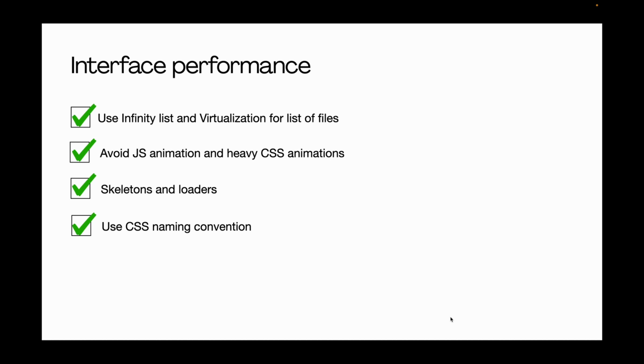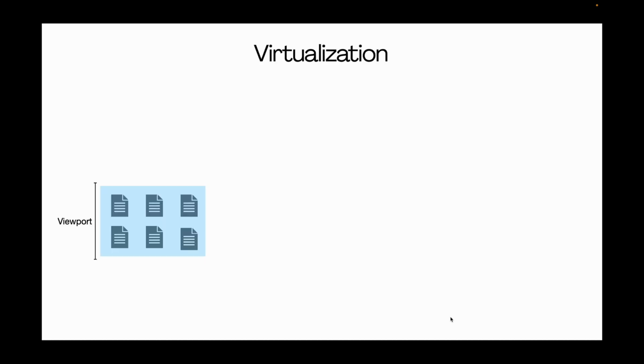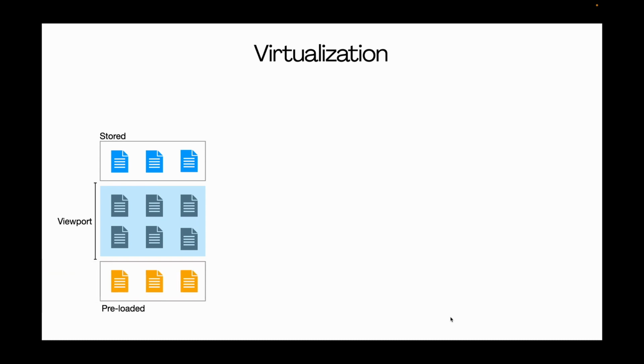Next, we take a closer look at virtualization. Initially, we display a limited number of files on the page. We also have stored files from the previous state and preloaded files. If the user scrolls to the top, we get stored files and put them in the viewport. If the user scrolls to the bottom, we move the top files from the viewport to the store.